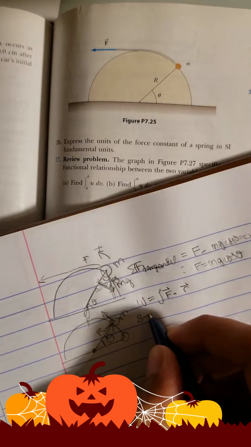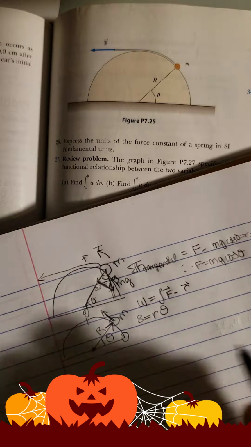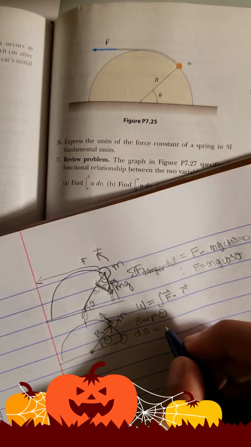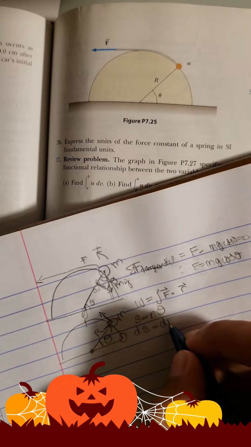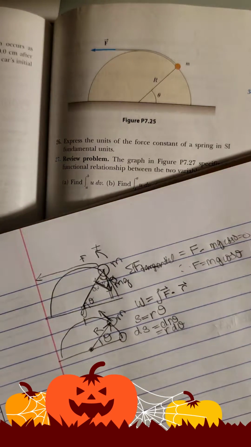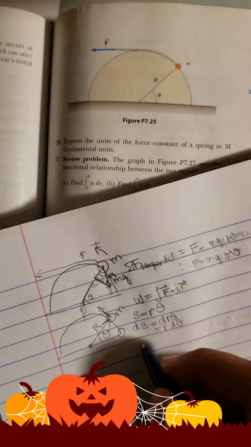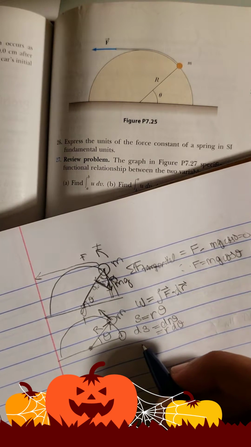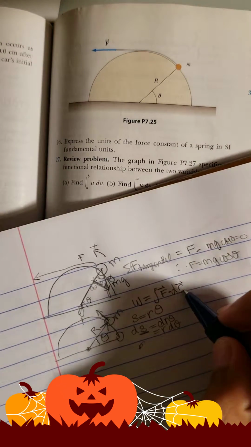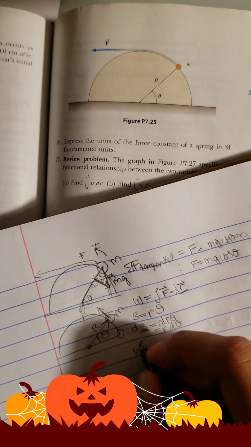So using the relationship that the arc length is equal to radius times the angle, and taking the derivative, we get ds equals d(r theta), and since r is just a constant, it comes out, so r d theta. Now this displacement is the same thing as the displacement it's undergoing when doing this work. So we'll put that up there.